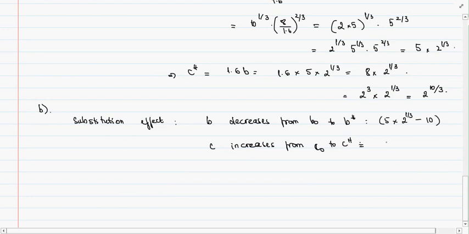And the increase over here is just going to be 2^(10/3) minus 8, and that should be a positive number. Okay, so B is decreasing and C is increasing, which makes sense because we have a decrease in the price of good C. So people are going to be substituting away from B, because B is becoming relatively more expensive and C is becoming relatively cheaper. So therefore people are going to increase the consumption of C and decrease the consumption of B due to the substitution effect.